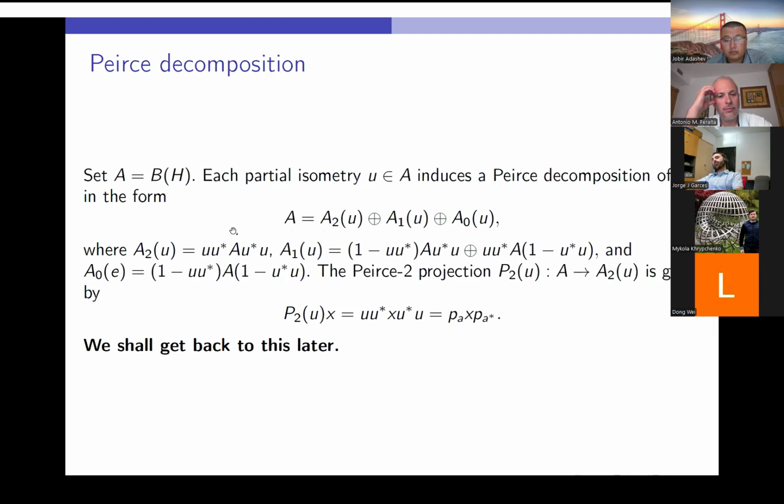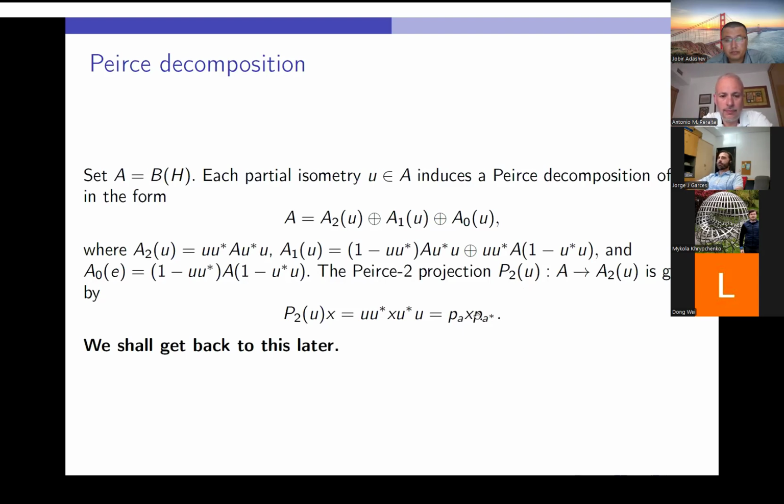Then if we look at the Pierce decomposition relative to a partial isometry, which is a decomposition like this one, where the spaces are given here, and we take the Pierce2 projection, which is the projection onto the Pierce2 space, then this projection is given exactly by this.